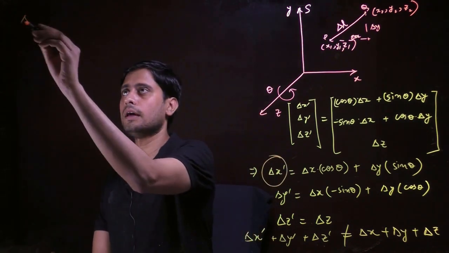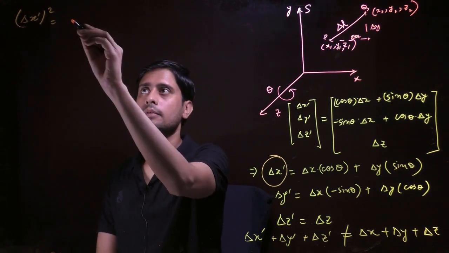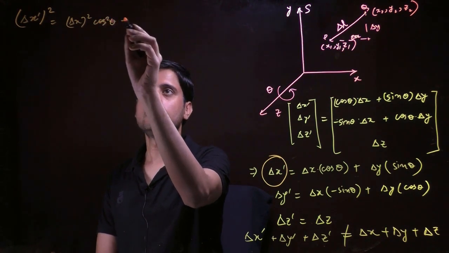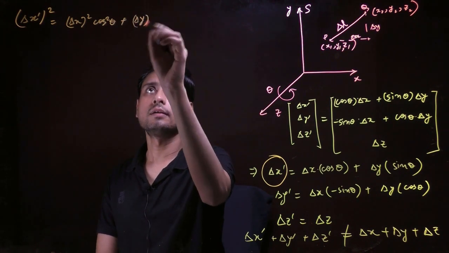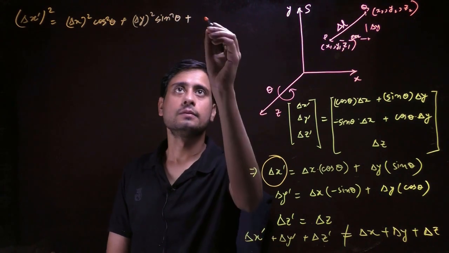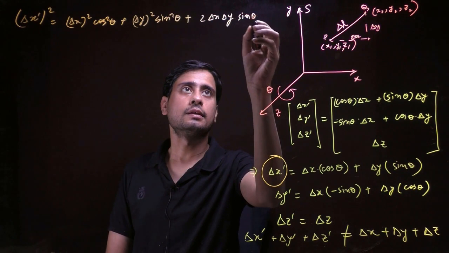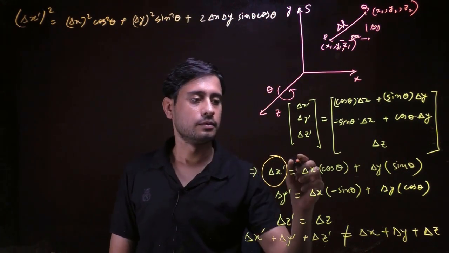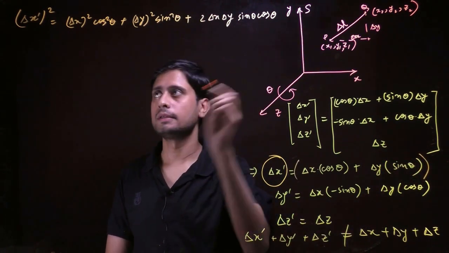So delta x prime squared will give you delta x square cos square theta plus delta y squared sin square theta plus 2 delta x delta y sin theta cos theta. The square of this whole will give you this quantity.